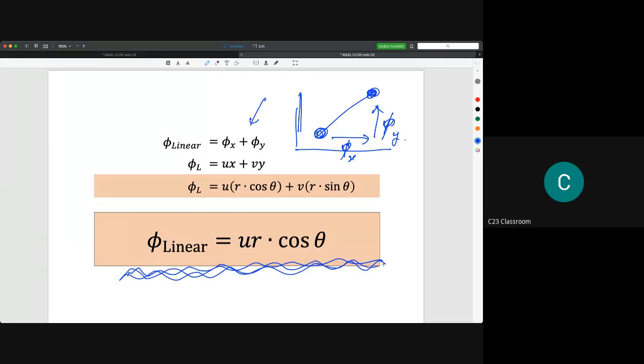And I hope you understand how we get the value of Ur cos theta, because we are arranging the coordinate like this one. So we have phi as Ur cos theta.